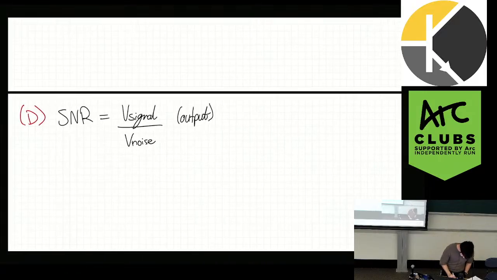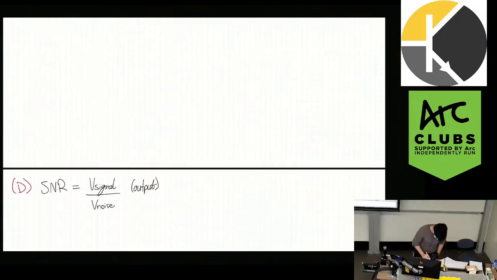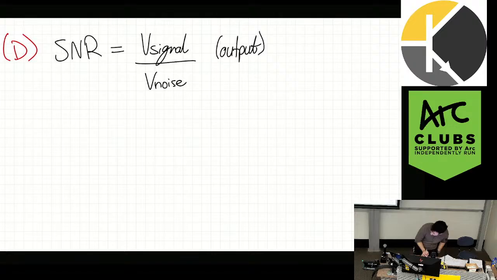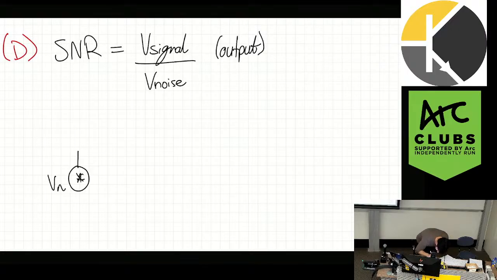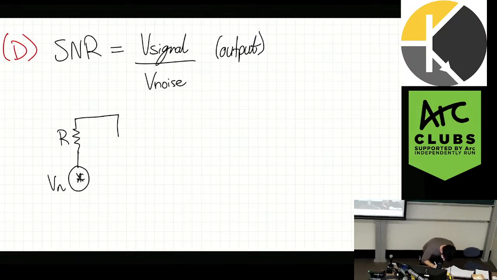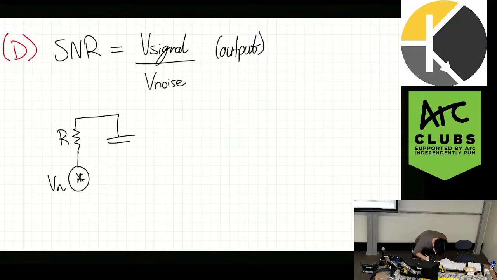The first thing to remember with noise is, if we have some Vn and some resistor, you can imagine this is noise coming from the resistor, and then you have some sort of low-pass filter system.